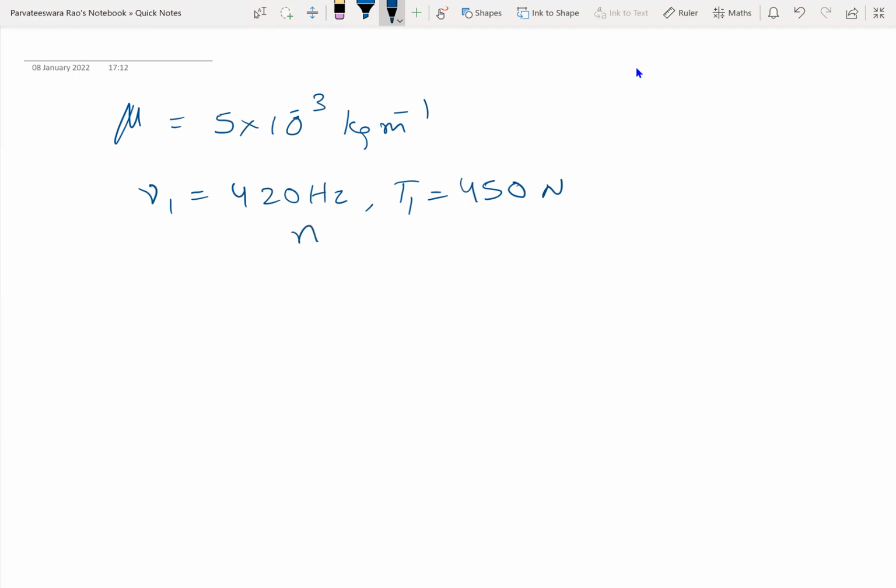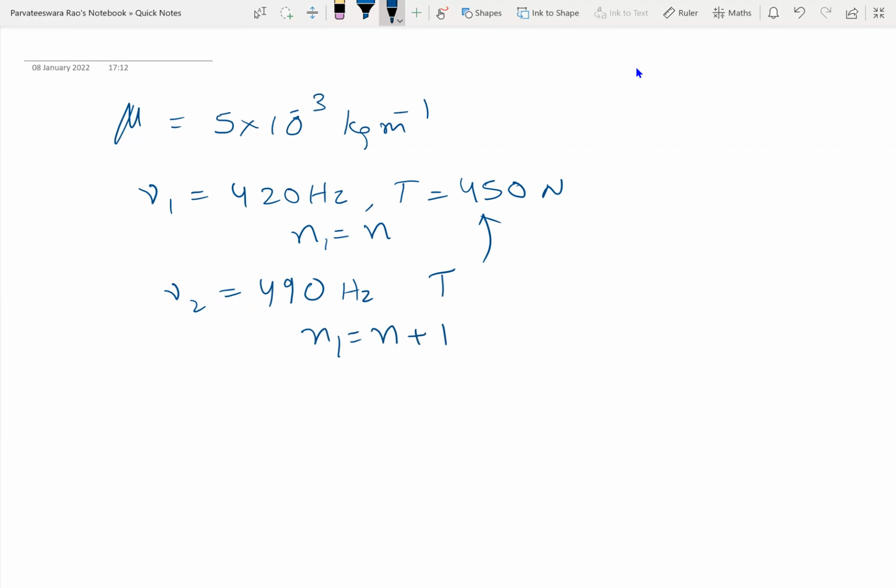The number of loops with which it is vibrating, say n. Then nu2 is 490 hertz under the same tension, to get the next higher frequency. For 420 hertz, it is considered as n. Then the higher frequency next to n is n plus 1.